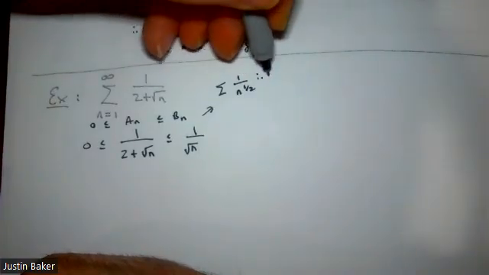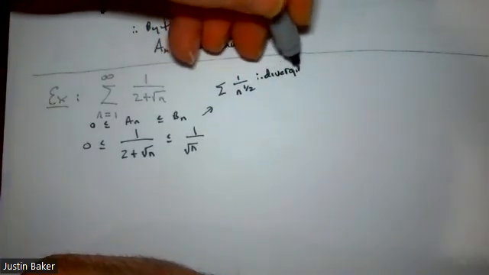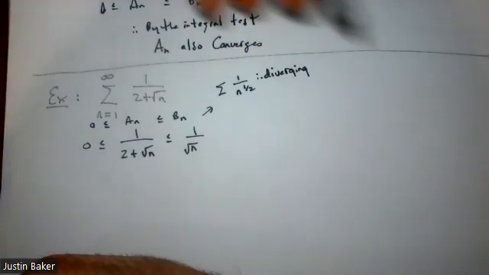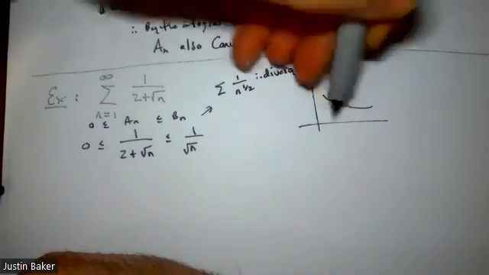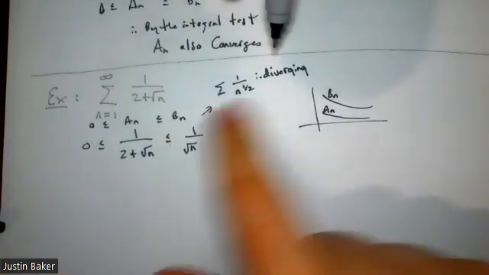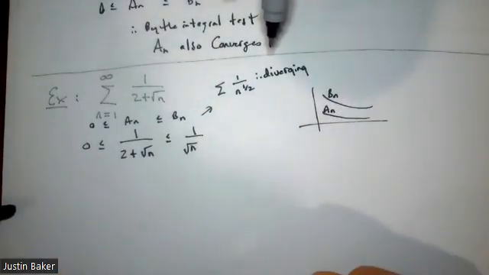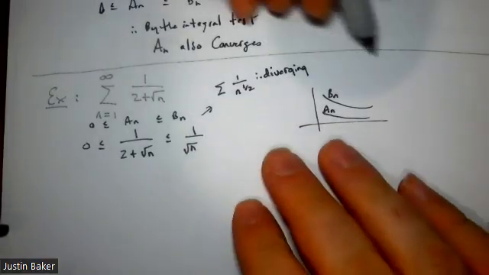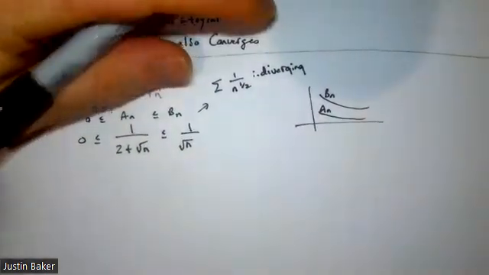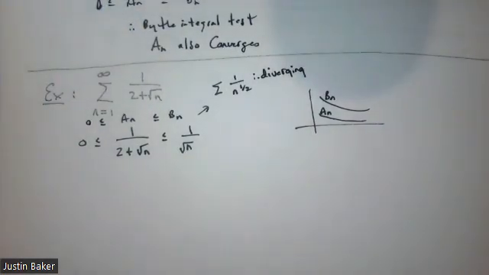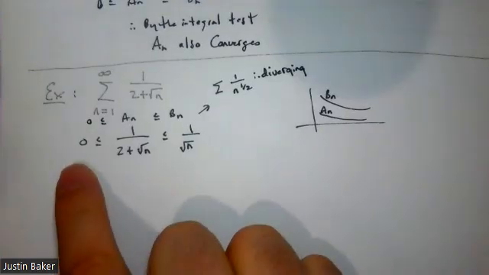So this would be divergent. Okay, but now let's go back to my picture. Here's Bn, here's An. If B of n is diverging, did that put any action or pressure on An? Right. Okay. So yeah, this didn't particularly help.